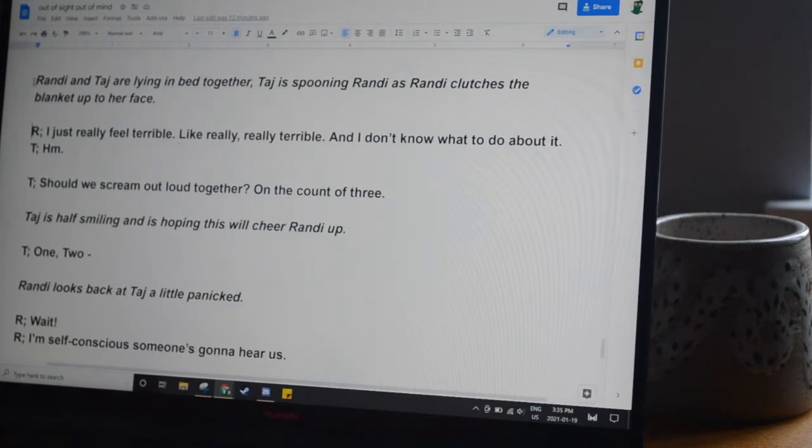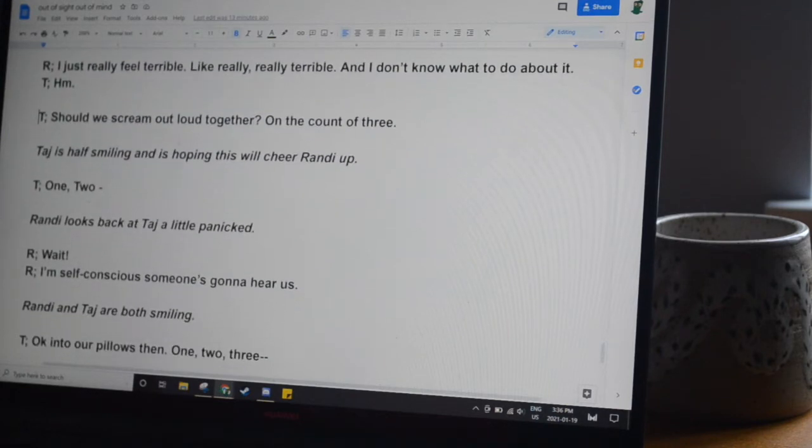It says, Randy and Taj are lying in bed together. Taj is spooning Randy as Randy clutches the blanket up to her face. Randy, I put R for Randy. I just feel really terrible, like really, really terrible, and I don't know what to do about it. Taj. Should we scream out loud together? On the count of 3. Taj is half smiling and is hoping this will cheer Randy up.